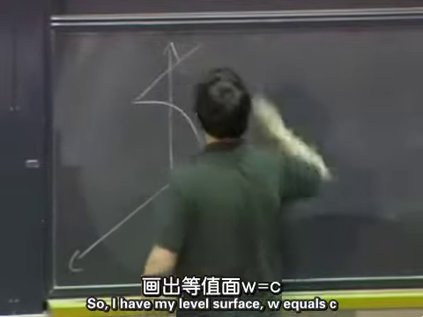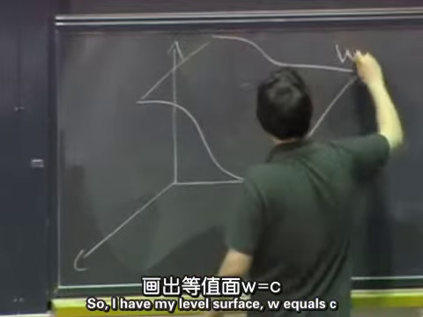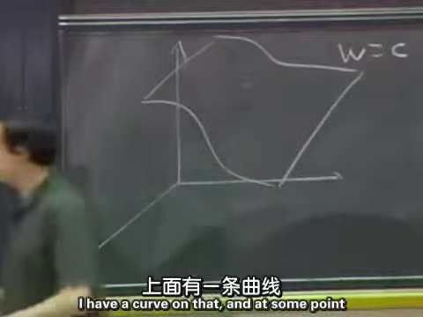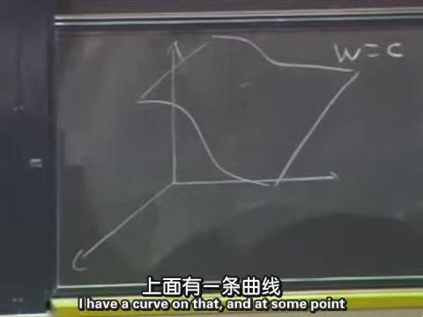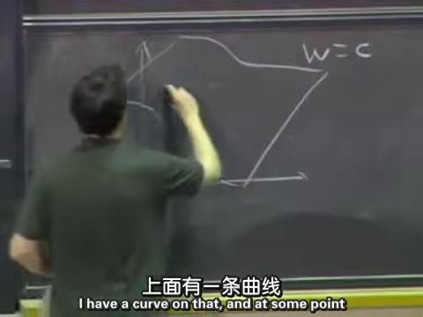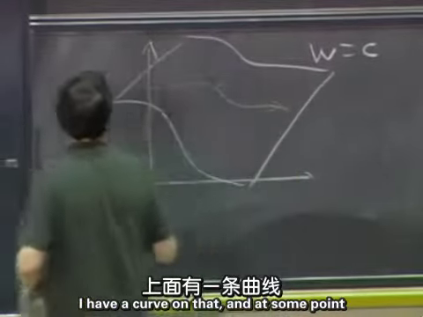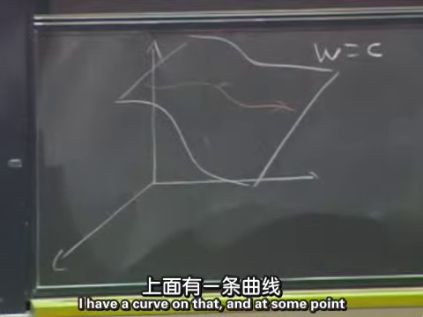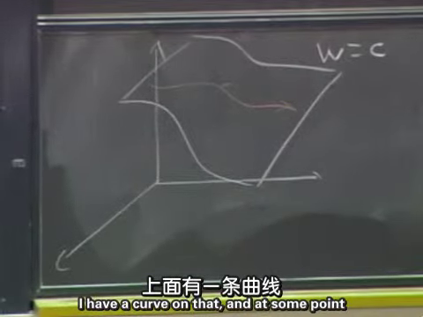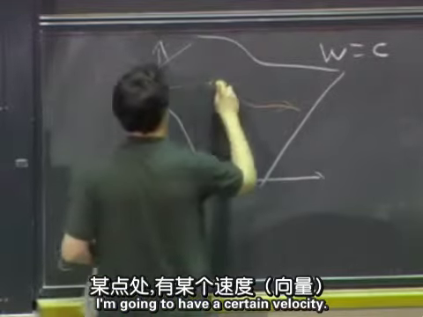So I have my level surface, W equals C. I have a curve on that. And at some point, I'm going to have a certain velocity.